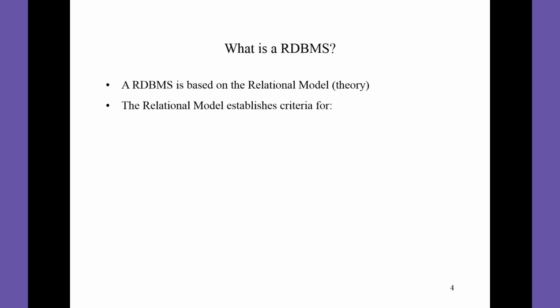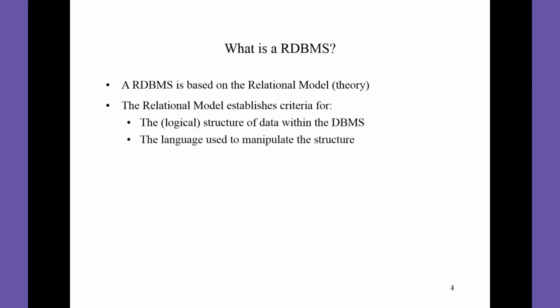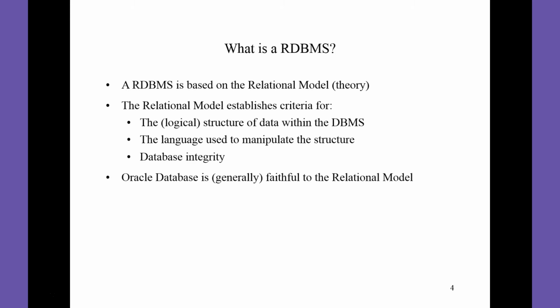This model establishes criteria for the logical view or the logical structure of data within the database management system. It also defines the language used to manipulate the structure, and it addresses database integrity. Oracle database as a commercial product is generally quite faithful with respect to the relational model.